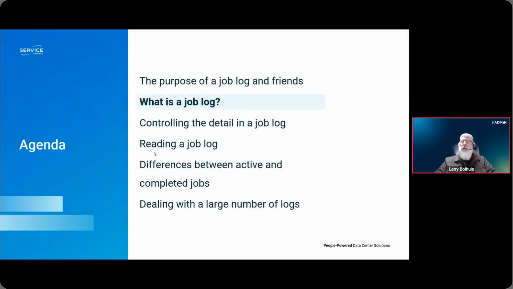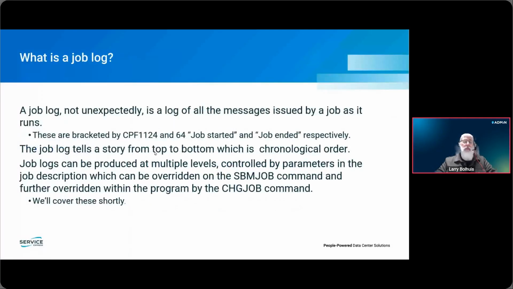So, what is a job log then? A job log, not unexpectedly, every now and then IBM names something pretty well. It's a log of all the messages issued by a job. Great, that was useful, wasn't it? Effectively, as the job starts, it's going to issue a CPF1124, and that's the message that you can find in QHST that says this job started, right?